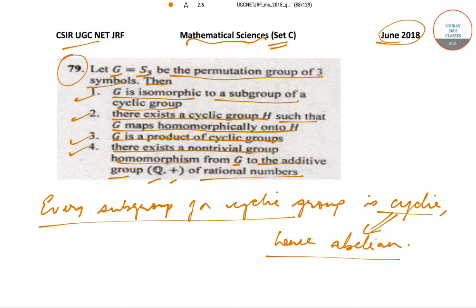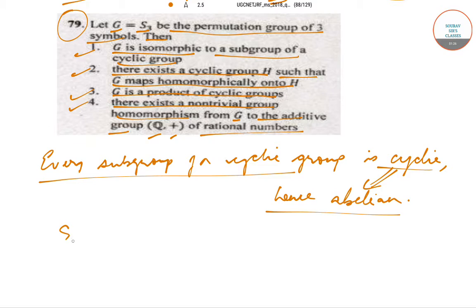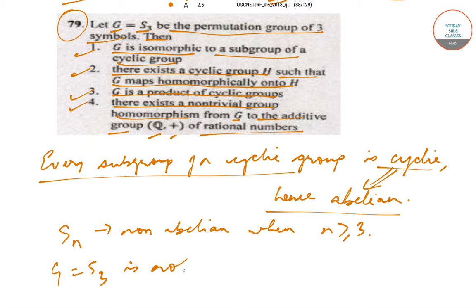Now it is known that Sn is non-abelian when n is greater than or equal to 3. So if Sn is non-abelian, then G, which is equal to S3, is not any cyclic group.